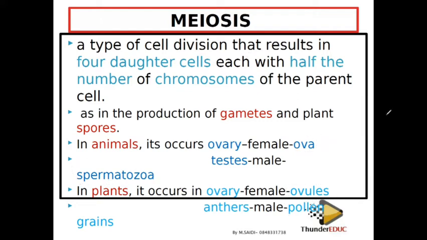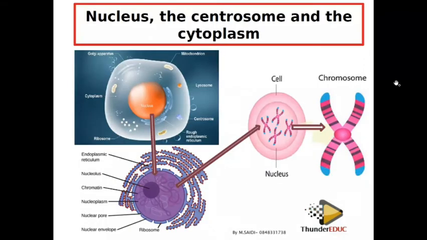Now, moving on to the next slide. In the next slide, you are told about the things that you need to pay serious attention to, which are a nucleus, a centrosome, and the cytoplasm, okay? Again, we'll need to highlight even here.